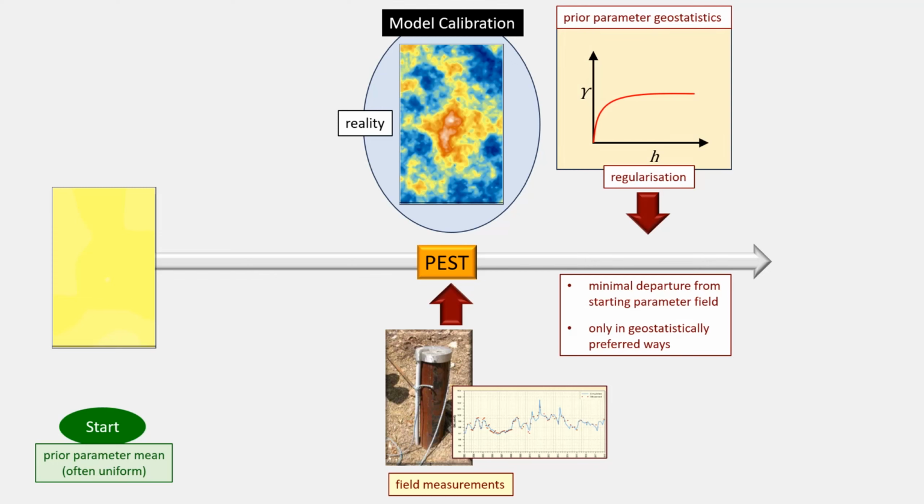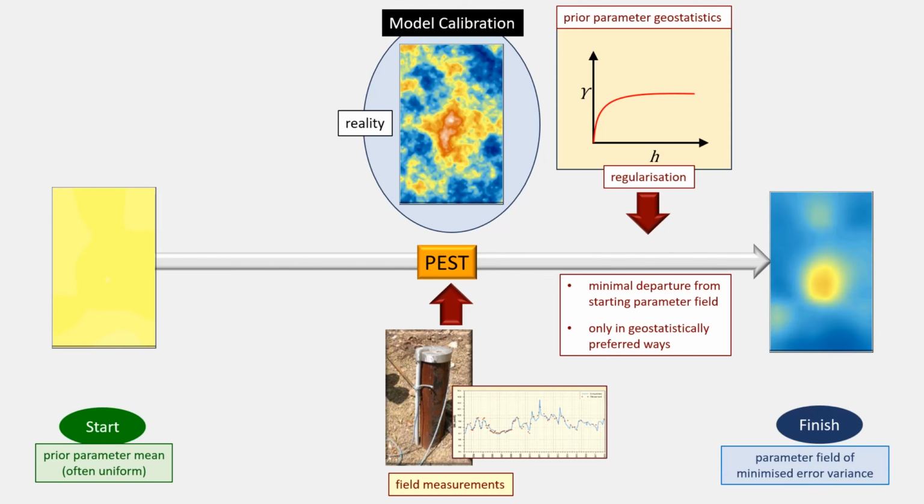We use numerical regularization to achieve this, and often this will be based on the prior probability distribution of the parameters. So we say, to the extent that you need to introduce heterogeneity to this parameter field, PEST, do it in a way that conforms with what I think is happening under the ground, given the nature of the geology that prevails in this study area.